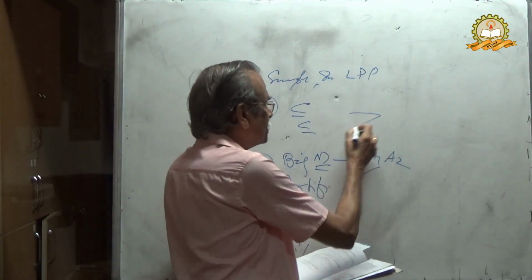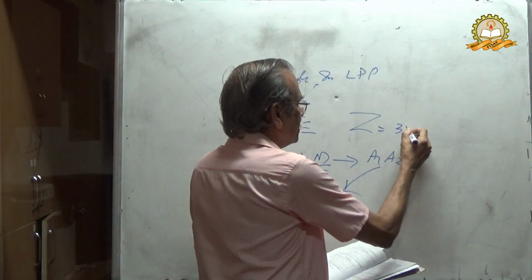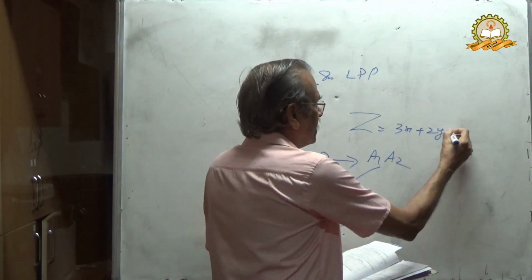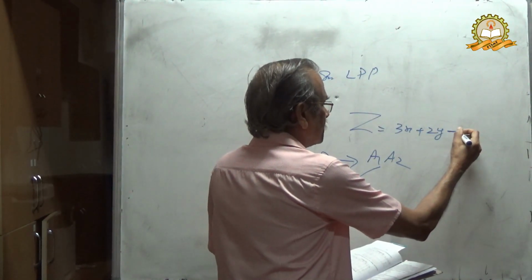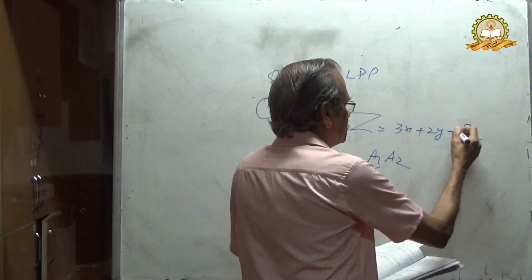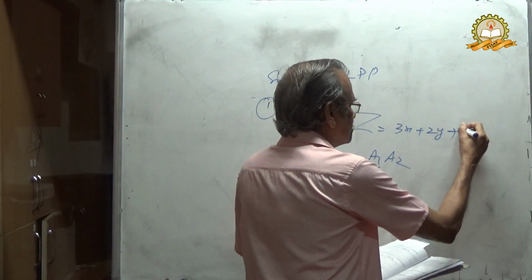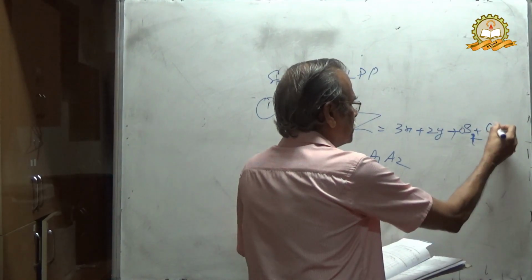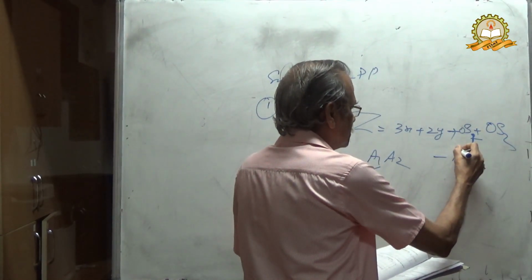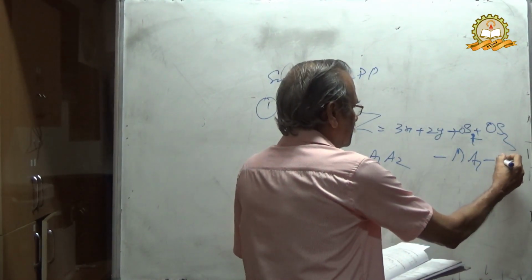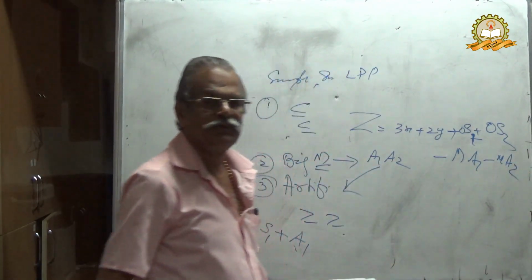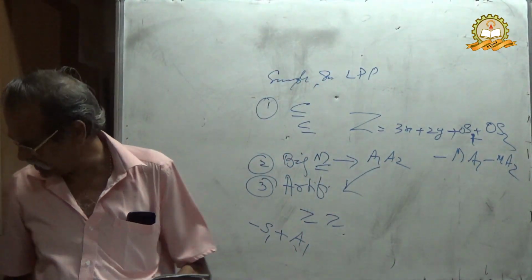And the Z function was 3x plus 2y plus 0 S1 plus 0 S2 minus M A1 minus M A2. That was the Z function. So we have studied that.